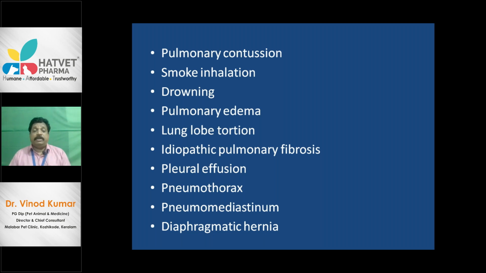Then lung lobe torsion. Lung lobe torsion is not very common, but certain deep-chested breeds have a lot of space inside the pleura. When the lung is floating in that, in some conditions, after running, etc., it can twist. The anterior lobes can twist.